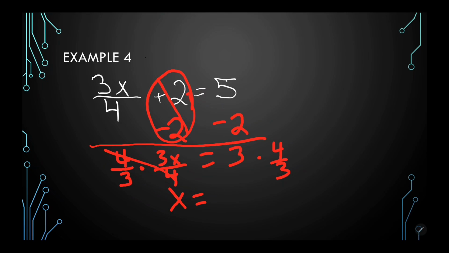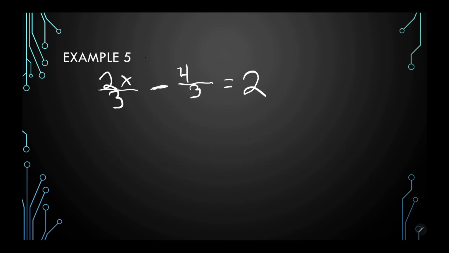So whenever we multiply by the reciprocal, it turns into 1. So we have x is equal to 3 times 4 is equal to 12. And then we're going to divide 12 divided by 3 gives us 4. So x is equal to 4.